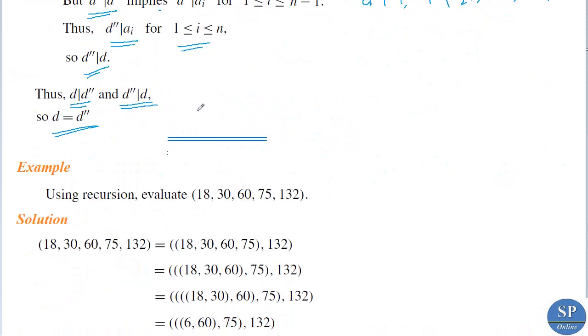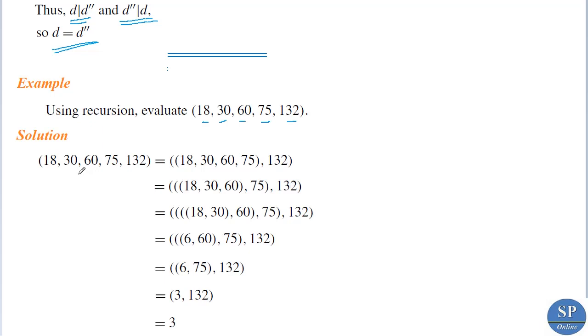Now, for example, using recursion, evaluate the GCD of 18, 30, 60, 75 and 132. By the previous theorem, the GCD of these numbers is equal to the GCD of the GCD of 18, 30, 60, 75 and 132. This is the GCD of 18, 30, 60 and 75 only.